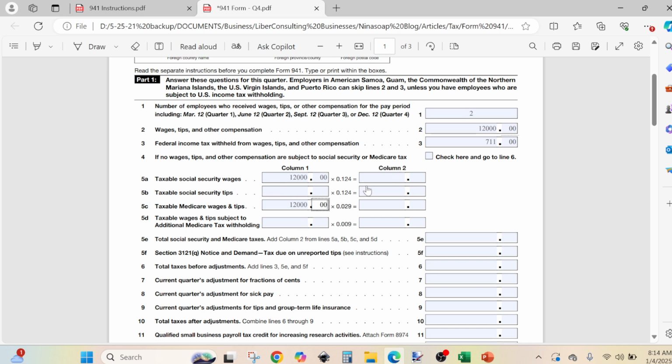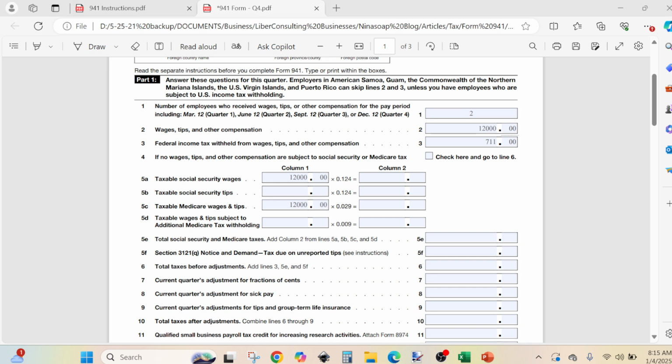Column 2, you will take the taxable Social Security wages times the Social Security tax rate. Half of it is for the employee, what you withheld from the employee, and the other half is what your business pays. Combined it is 0.124.